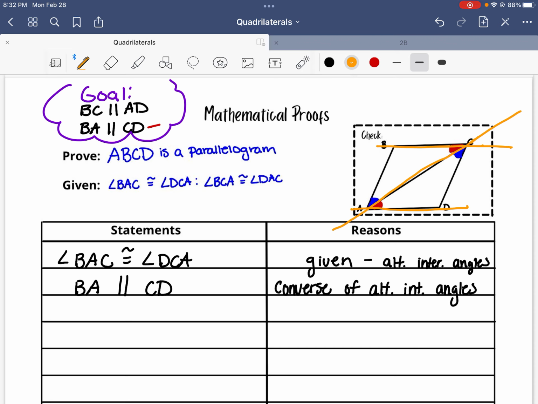So now I have my reds. I can see now that this angle and this angle are congruent, right? And it's also something that's given. I am given that the angle BCA is congruent to DAC. This is given. And also because they are alternate interior angles again.